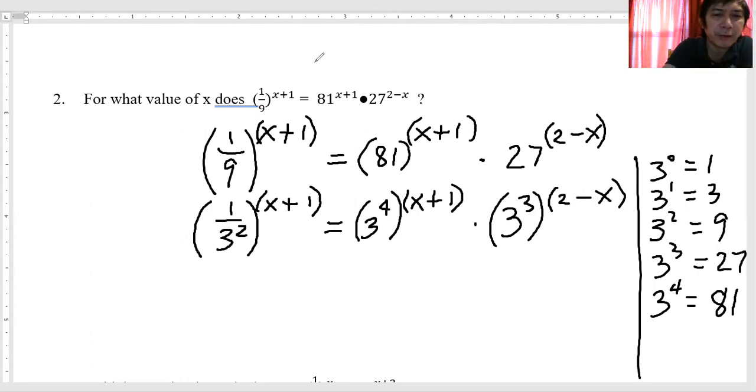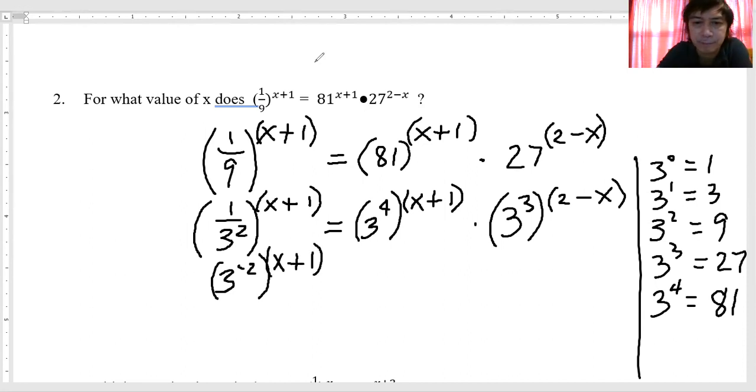Now, the expression at the left side, you can bring the 3 squared to the numerator, only you need to change the squared to a negative 2. So you can put this on top. This is 3 to the negative 2, and raised to the x plus 1.